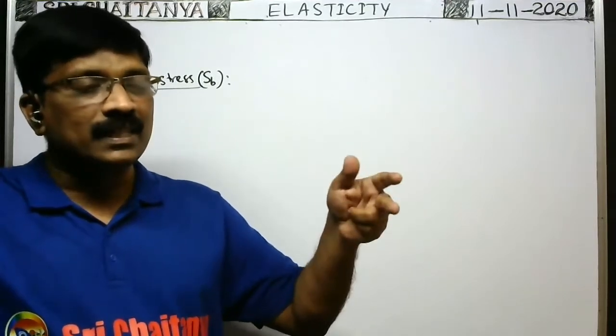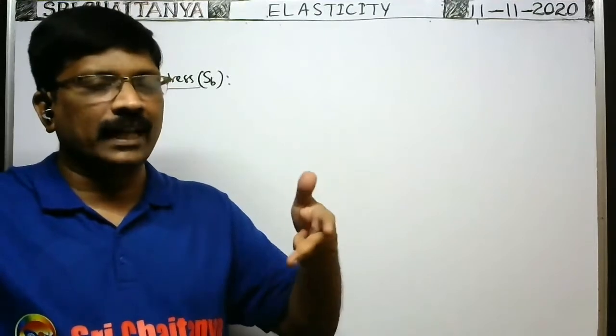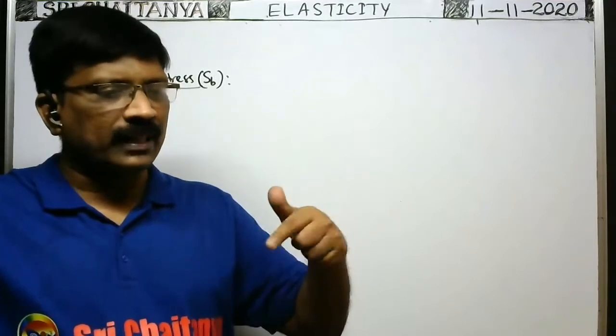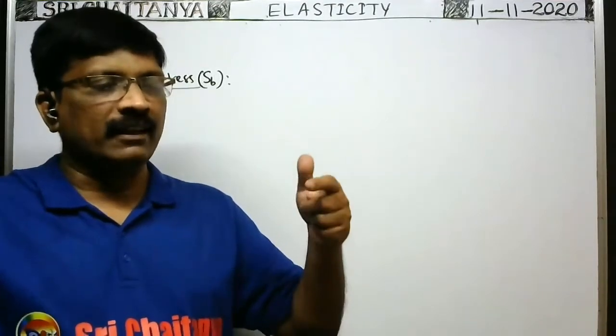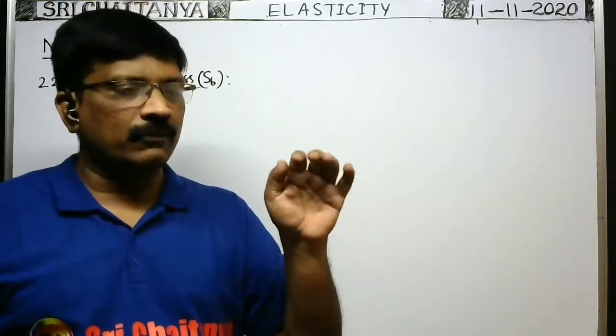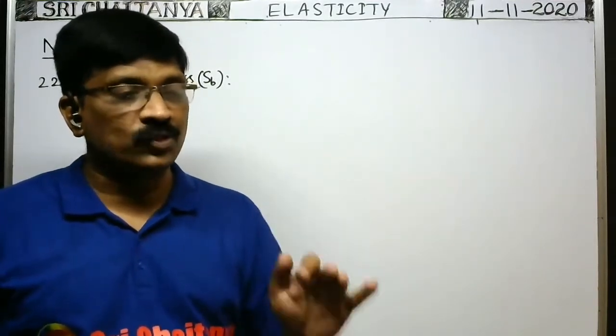At the instant the rubber cord is broken, the force applied along its length is say F, and the area of cross section of the rubber cord is A. F by A is the stress at the instant the wire is broken. That is called the breaking stress.